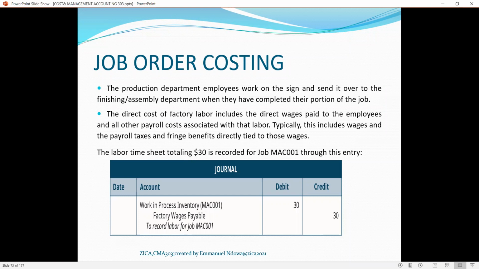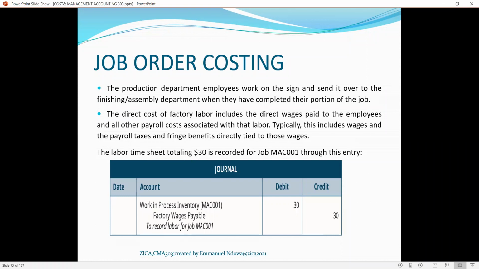But remember, we've got the statutory payments we need to pay as well, which is the payroll taxes and some other fringe benefits. So basically, you need to be in a position to place them directly to the labor account.